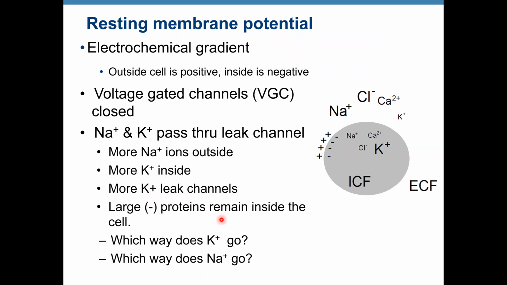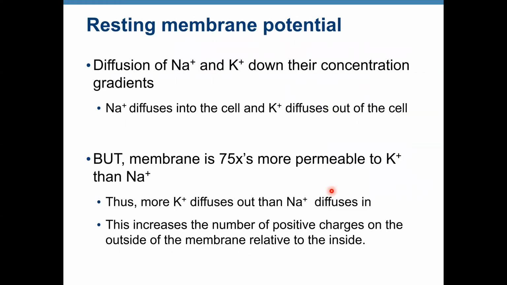Also, negatively charged proteins remain inside the cell. So which way does potassium go? Well, potassium will go out of the cell, right? Which way would sodium go? Sodium will go inside the cell, from high concentration to low concentration. So sodium and potassium move down the concentration gradients.